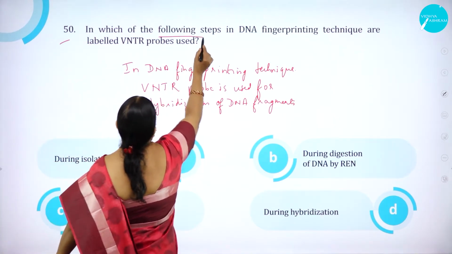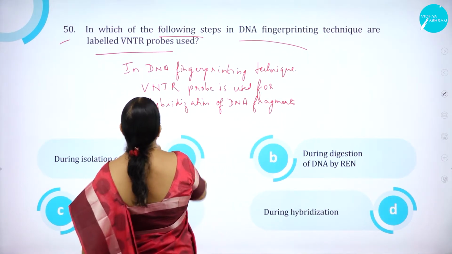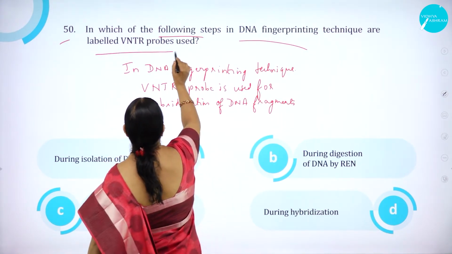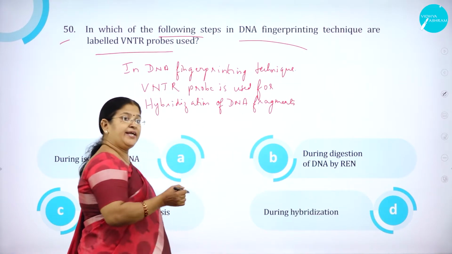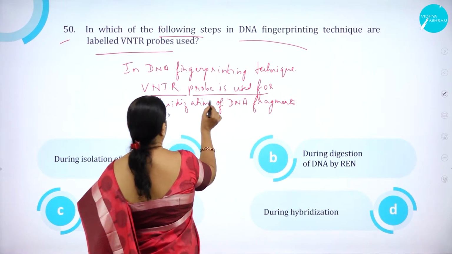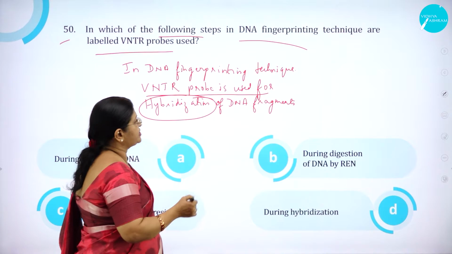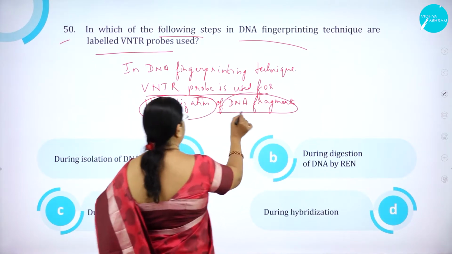In which of the following steps in DNA fingerprinting technique are labeled VNTR probes used? In DNA fingerprinting technique, VNTR probe is used for hybridization of DNA fragments.